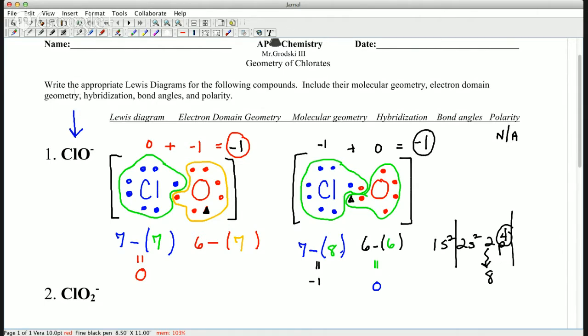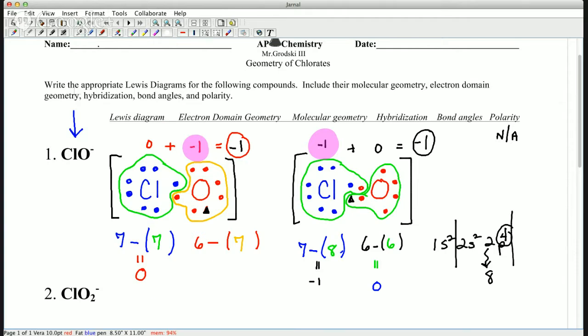Now, between these two possible structures that you could have drawn, thinking that chlorine can have an expanded octet, which is certainly a possibility in row 3, this structure is not the best structure. Why? Well, if you look very carefully, maybe not that carefully, the -1 is on the chlorine. And in the other structure, the -1 was on the oxygen.